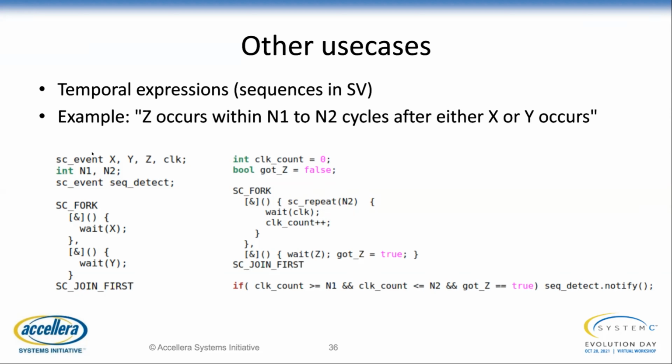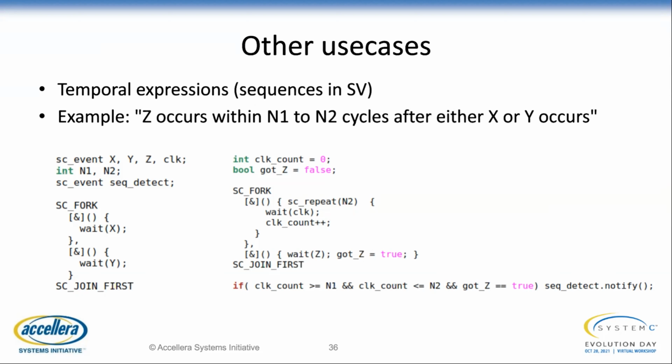So in this situation, first we want to see whether X or Y occurs, and we can use the join first for that, where we spawn 2 threads to wait for X and Y, and this join finishes when either X or Y occurs. And then we use another join first, where we wait for Z in one thread, and in the other one we want to detect this part, N1 to N2 clock cycles.